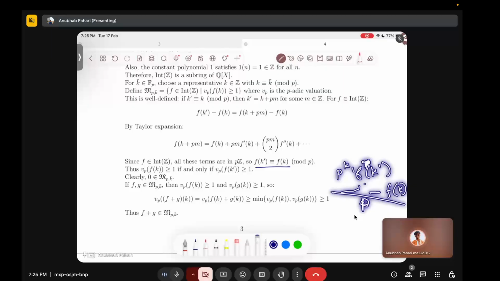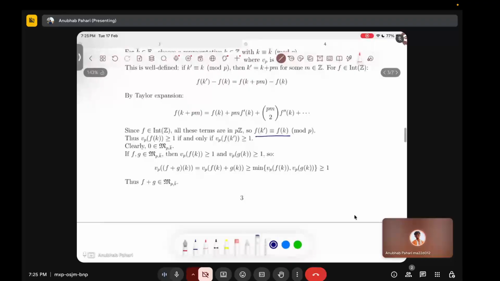If you divide it by p, since p^k1 is there, p should divide that, so this expression should also be divisible by p, therefore the p-adic values should be non-zero.